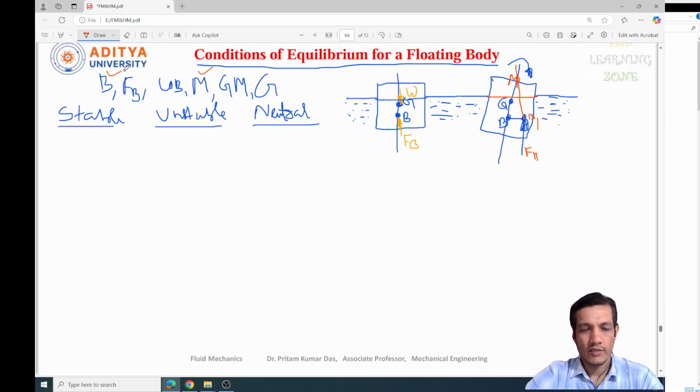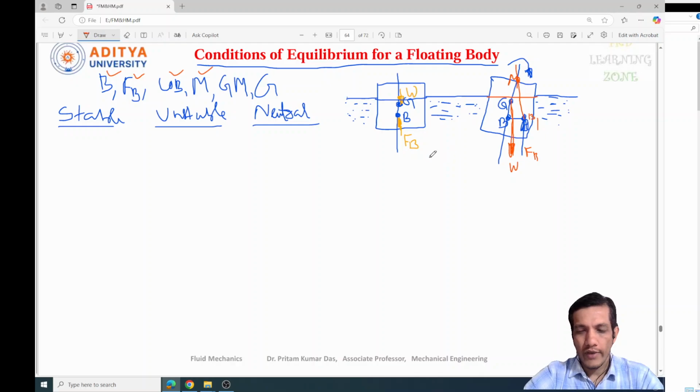We have already discussed buoyancy, the force of buoyancy, and the center of buoyancy; now the metacenter M. The force of buoyancy acts here, but at the G point, as usual, the weight W of this body acts in the downward direction. We know that only then will the body be in equilibrium: the value of W will be equal to the value of FB.